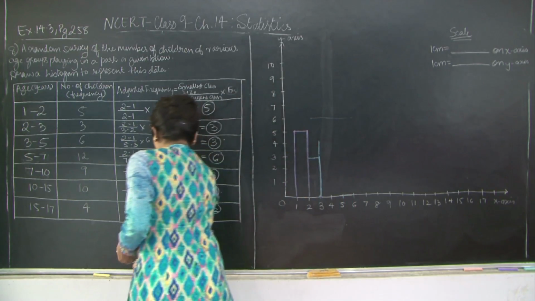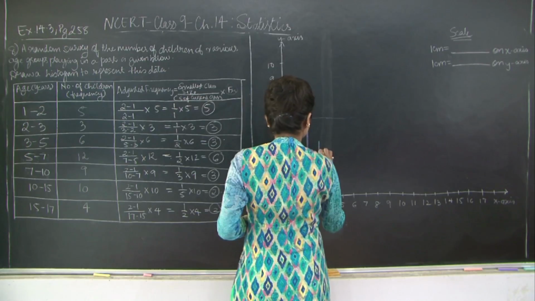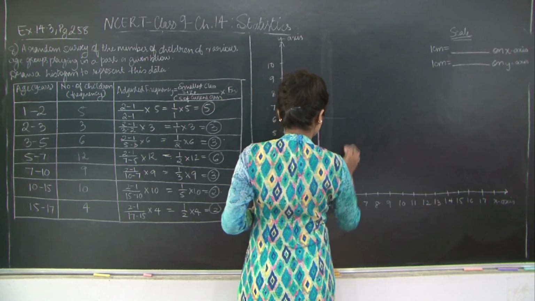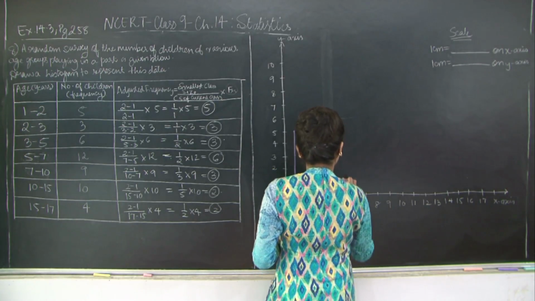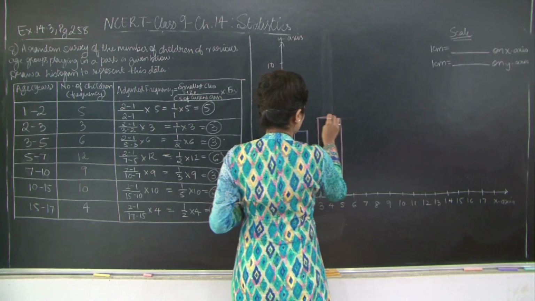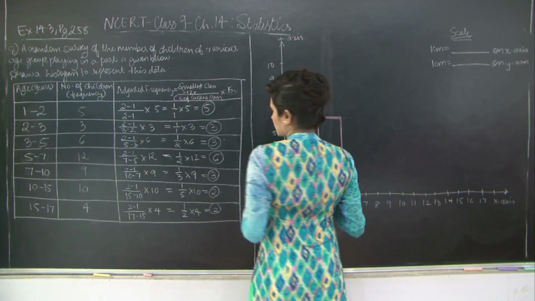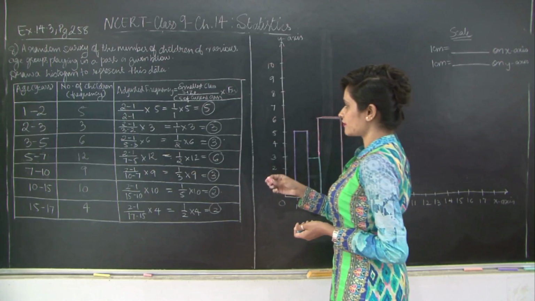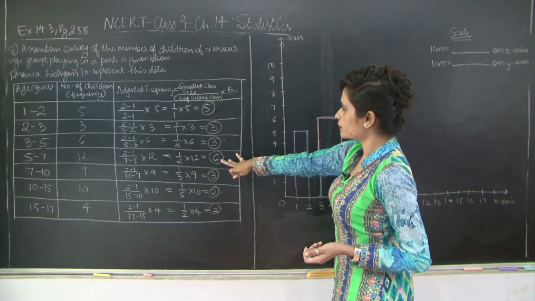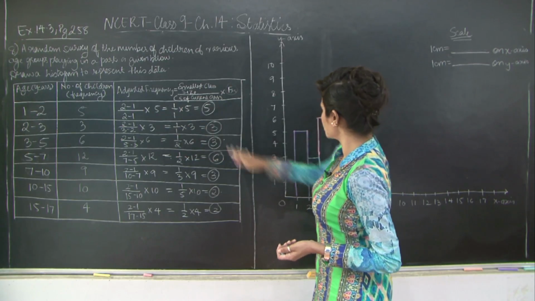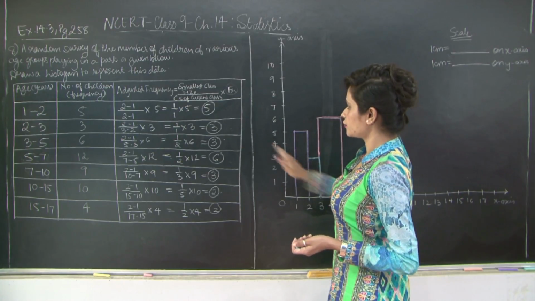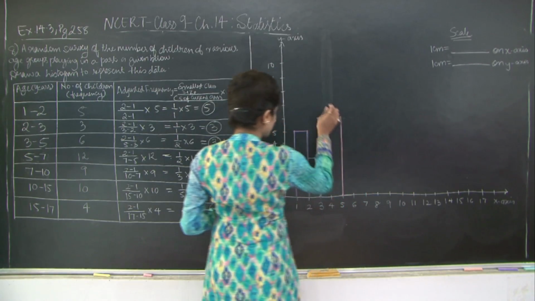I'm going to use a different colored chalk. Then I have 5 to 7 is 3. 5 to 7 is 6. Just my bad, 3 to 5. I have 1 to 2 is 5. Then 2 to 3 is 3. Then 3 to 5 is 3. So this is again 3.